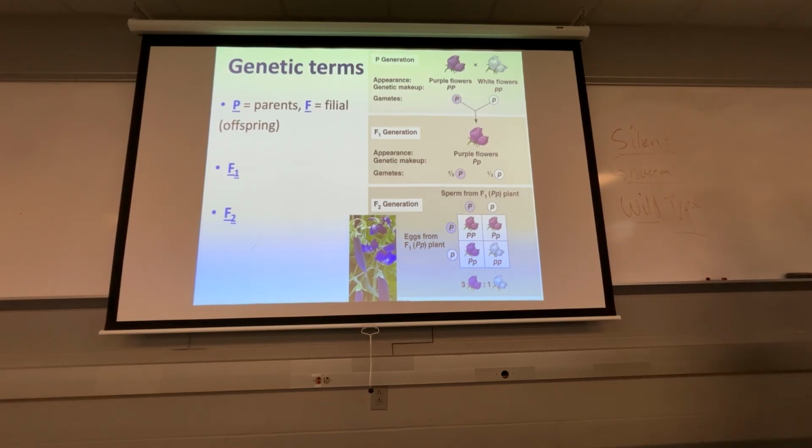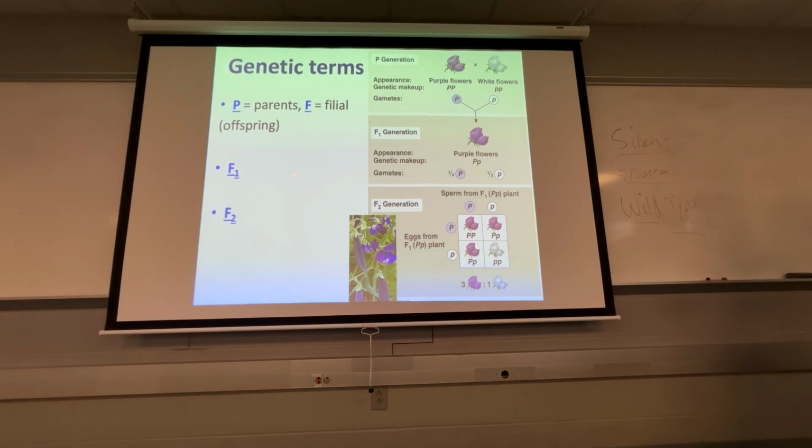And in order for us to understand kind of what he did, we have 3 different generations that we're going to keep track of. We have the parental generation, which he picked on purpose because they either have this or that, right? And he bred them. We're going to call that the parent generation. The first generation of seeds that he then grows up, we're going to call the F1 generation, or the F stands for filial, which means son or daughter or offspring.